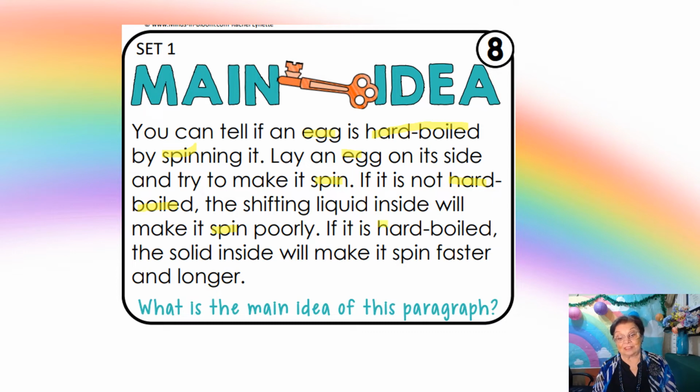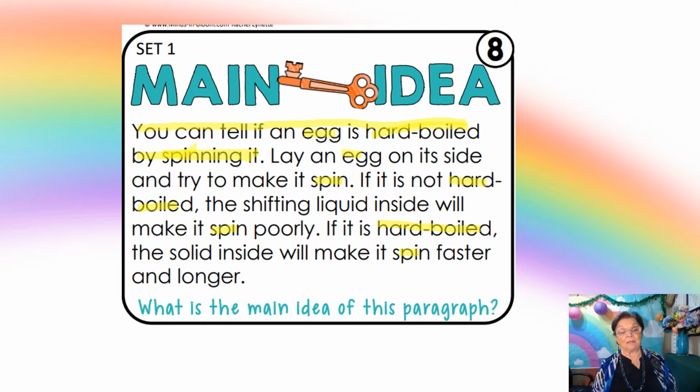If it is hard-boiled, the solid will make it spin faster. I see it talking about an egg being hard-boiled and spinning a lot in this passage. Sometimes that's the way to find a main idea, is if you see key words a lot in the passage, oh, that might be what the passage is mainly talking about.